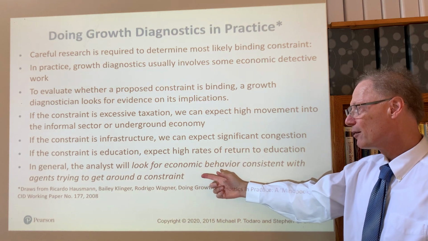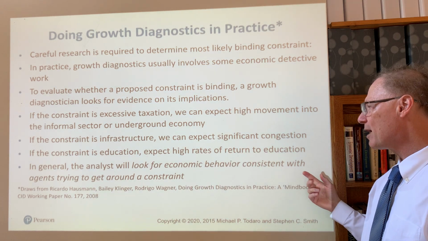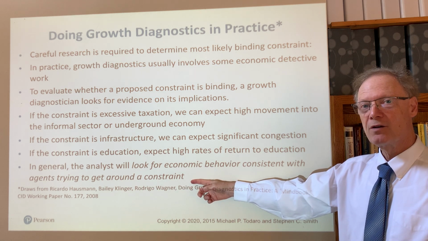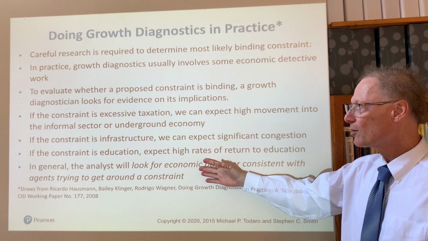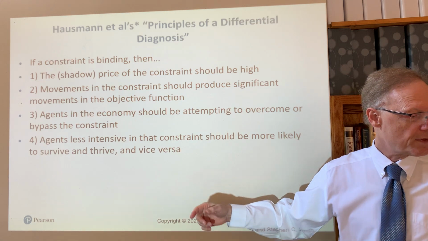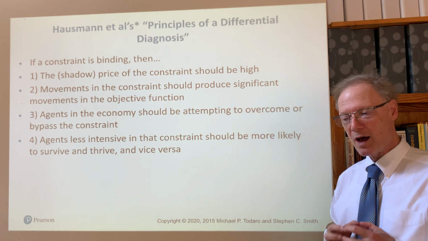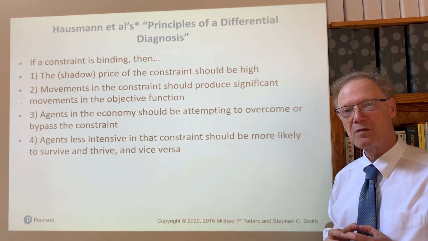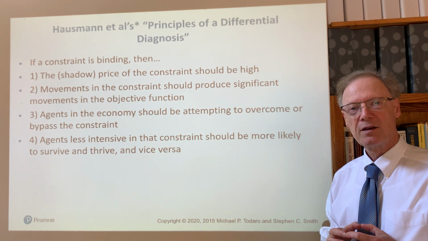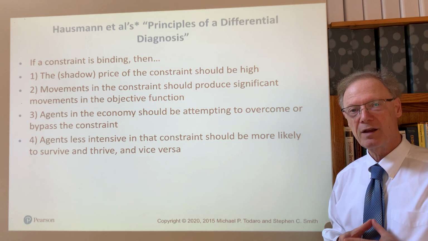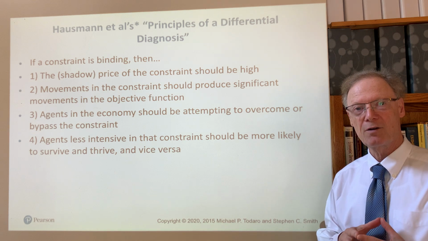Then, in generalized terms, the analyst wants to look for economic behavior that's consistent with agents trying to get around a constraint. So this is an additional point that applies to several of these, more obviously for some than for the others, but for example, moving into the informal economy is one example of trying to get around a constraint.